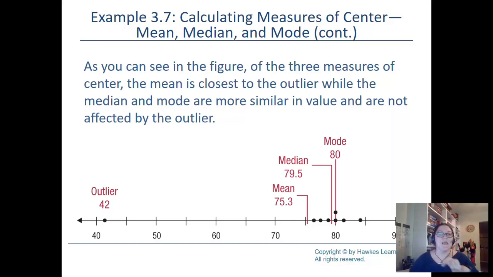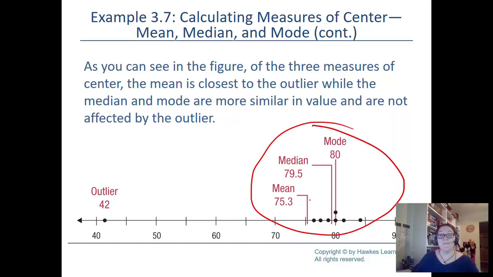Most of the data is in a central localized area here, so all of those dots fall in that area. But when you look at your median and your mode, they are not affected by any outliers, and that's really helpful in seeing whether or not you need to pull an outlier out of your data and throw it away.